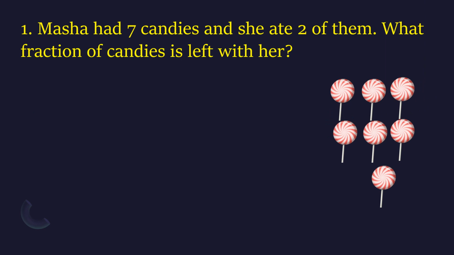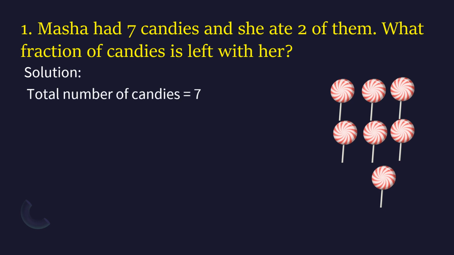To solve word problems, first you should read the question and understand it. Can you read this question? Masha had 7 candies and she ate 2 of them. What fraction of candies is left with her? Okay. So total number of candies, how many candies are with her? 7. So how many did she eat? 2.